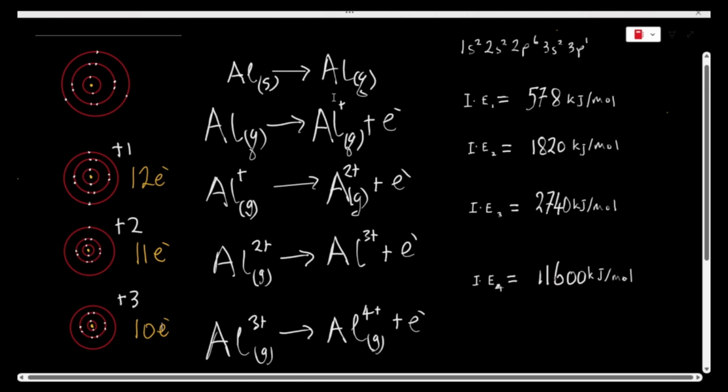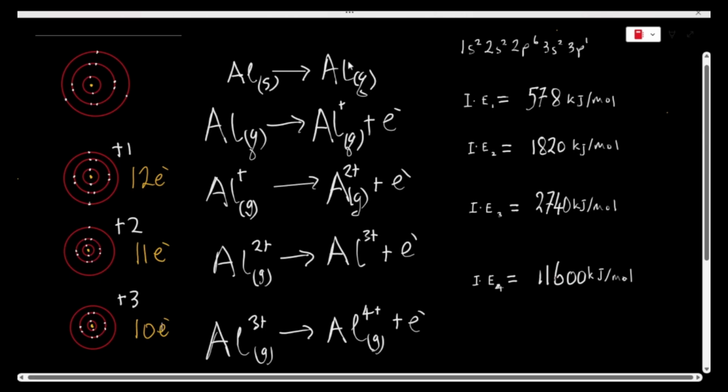Now, if you consider aluminium and you want to measure its ionization energy, or for any element, it's important to note that the condensed form should be converted to the gaseous form. Take note of that when you are asked to write the chemical equation of the first ionization energy: you make sure that the element is in a gaseous state.